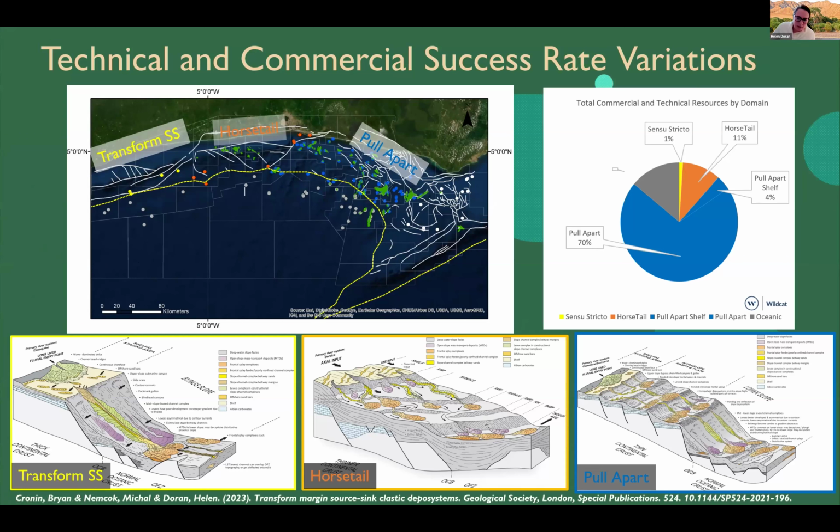So I hope I've demonstrated the kinematic evolution of the Tano-Ivorian dictates the distribution of the key petroleum systems elements, and in doing so dictates technical and commercial success rates. And understanding the relationship between the tectonics, charge access, trap geometry, seal, is key to unlocking the full potential of the entire basin.